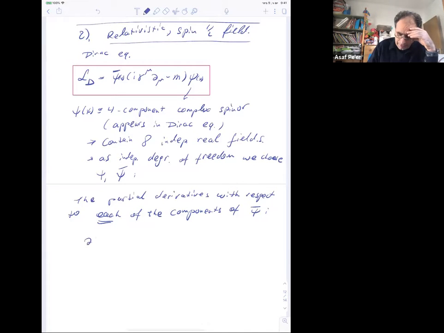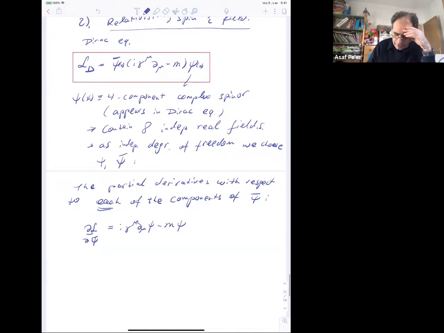They would be dL over d psi bar. What is dL over d psi bar? It's just what is left here in the Lagrangian, so just i gamma mu d mu psi minus m psi, right? And what is dL over d of d mu psi bar?